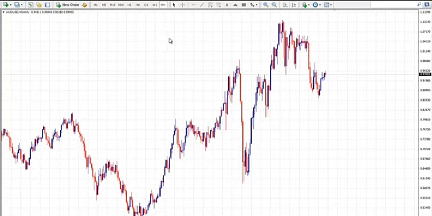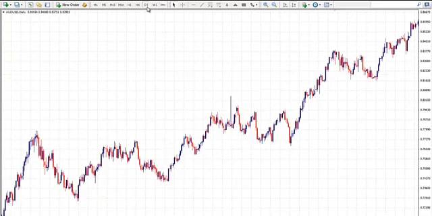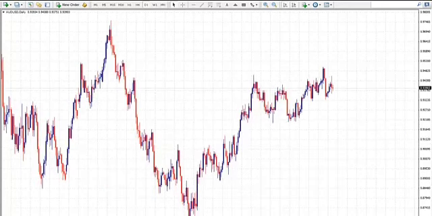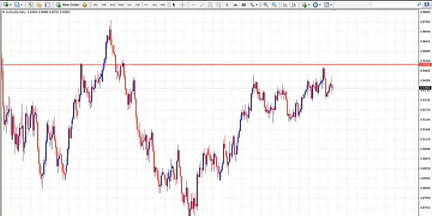And when you are day trading, you can look at the monthly chart, but it's of no importance. So if we go to the daily chart, we can see that we are actually in an uptrend. And the first thing you're going to do is you're going to set your levels on the daily chart.